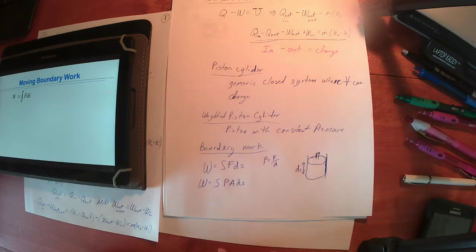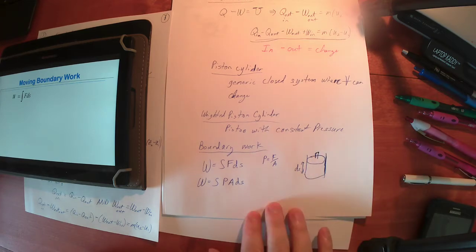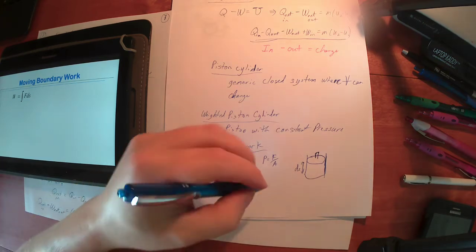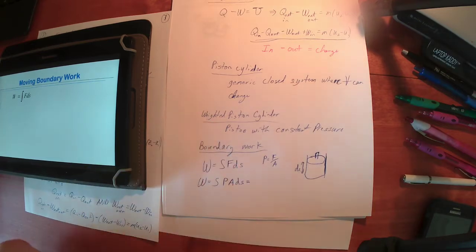Okay? Now, just conceptually, I want you to think about something. What happens if I take an area and I multiply it by a third dimension? What do I get? Well, that's a volume, right? If I take the volume of a box, length times width times height, length times width gives me the area of one face.